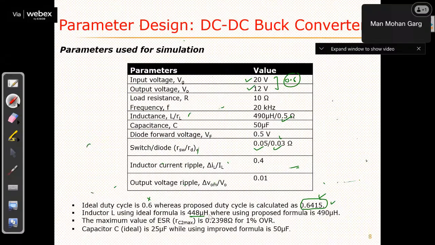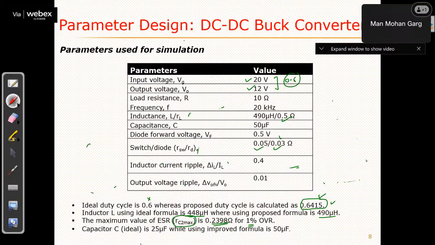Similarly, this RC2 max, as I said, the maximum value of ESR with this capacitor is 0.24 to get the 1% ripple. If it is more than this value, then you cannot get 1% output voltage ripple, right? Then further you need to change the capacitor value.